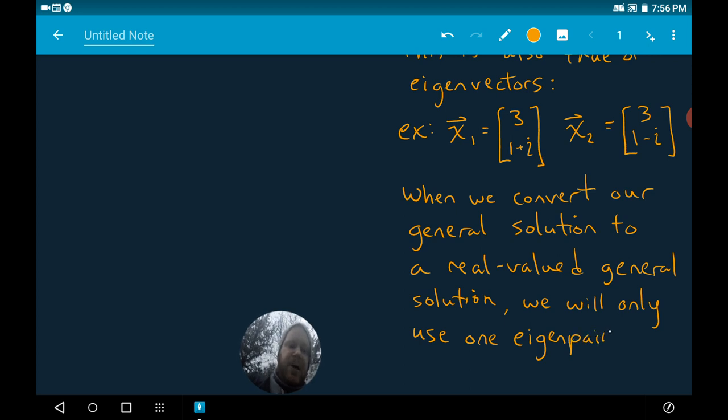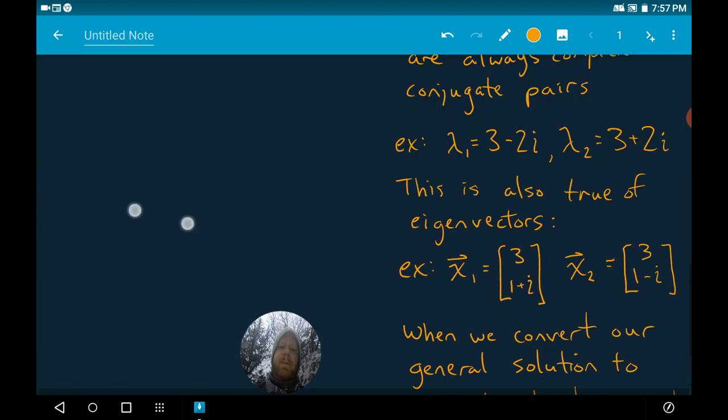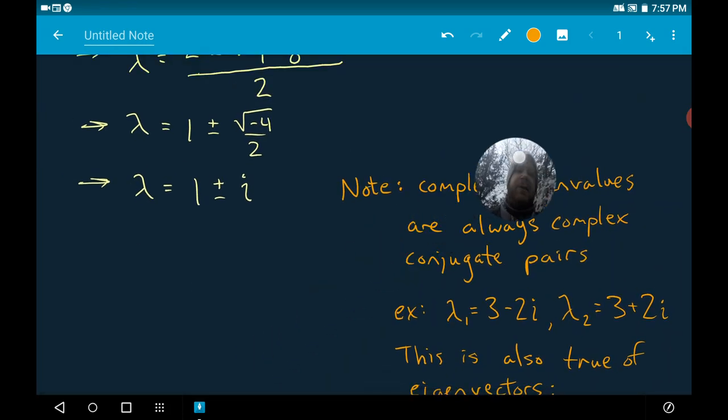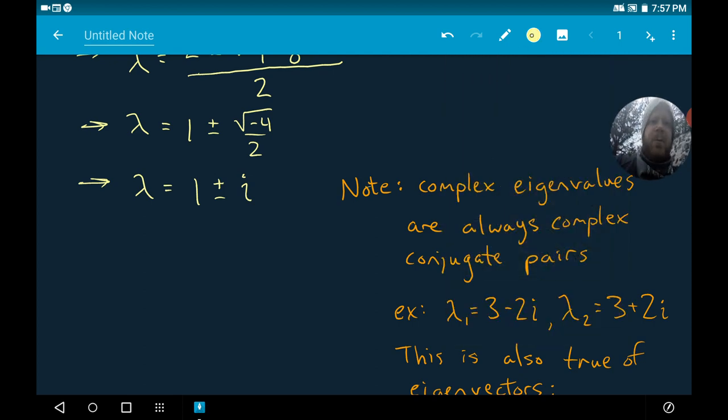So I know I defined this in my notes, but an example of this would be we would just use lambda 1 and x vector 1. So we're only using the first eigenvalue and the first eigenvector, and we don't need the other one because we kind of have the information. We know what that's going to be. So anywho, these are all just things that you'll see coming up here that I wanted to explain now while I was kind of making a little sidebar here.